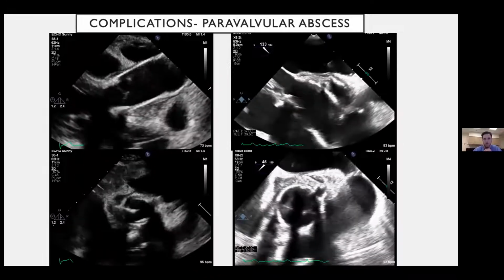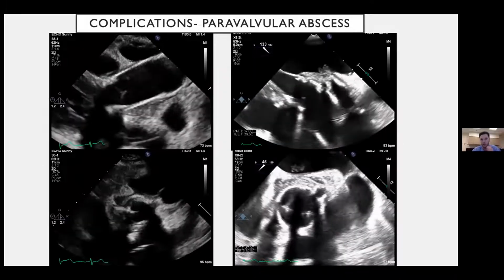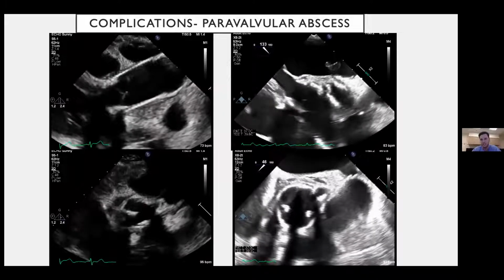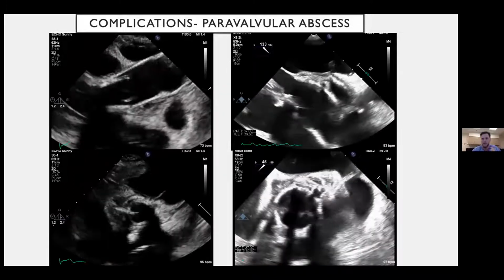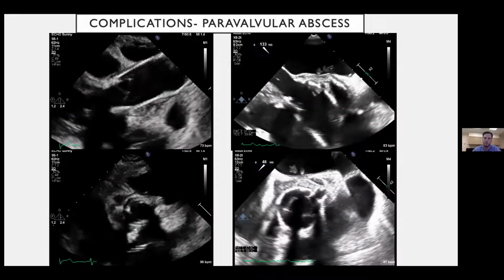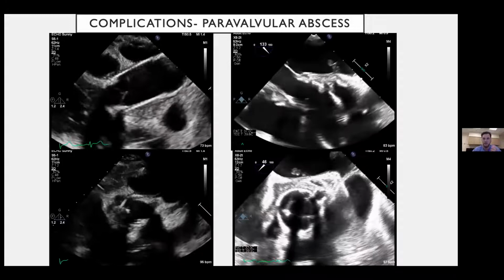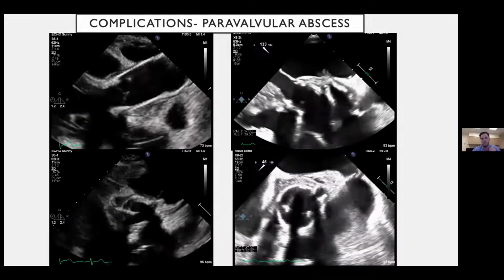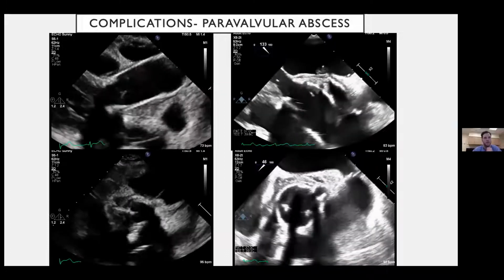So keep in mind for prosthetic valves, because of acoustic shadowing for the aortic valve, TTE actually has better visualization of the anterior aortic valve, whereas TEE has better visualization of the posterior aortic valve. And if there's equivocal findings on echo, cardiac CT can definitely be very helpful. And again, I'll show you an example of that in a couple slides.